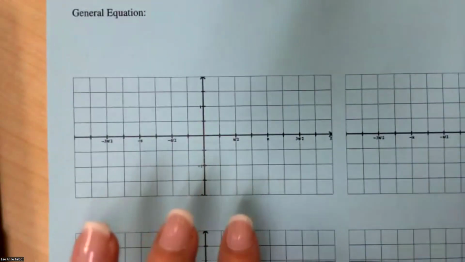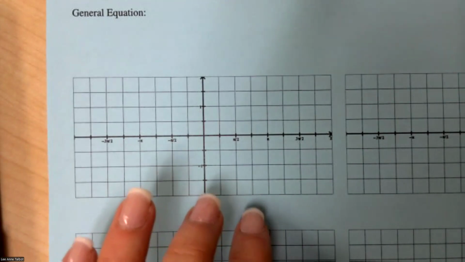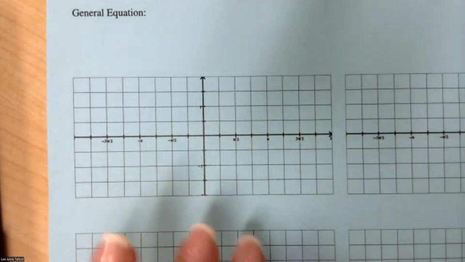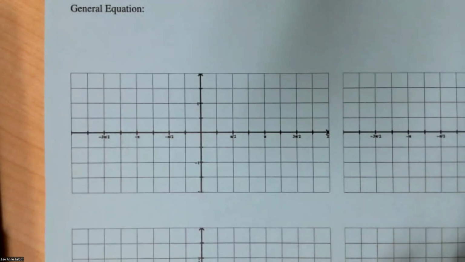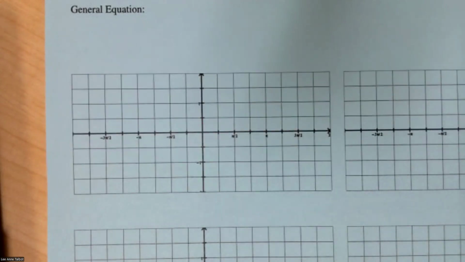I am going to use a highlighter today. So if you have a highlighter, grab one. So today we're just going to do the front side, which is going to be sine. Tomorrow we're going to do cosine, which is going to be the back side.